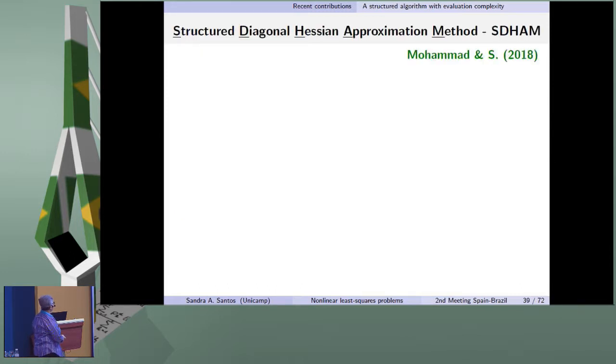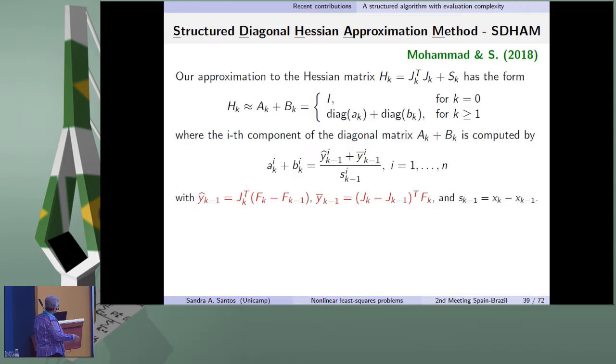This work has been developed together with Hassan Mohammad from Nigeria. And the algorithm is called SDAJM from the initials of this title here. So the idea is to approximate our current Hessian by means of a diagonal matrix.